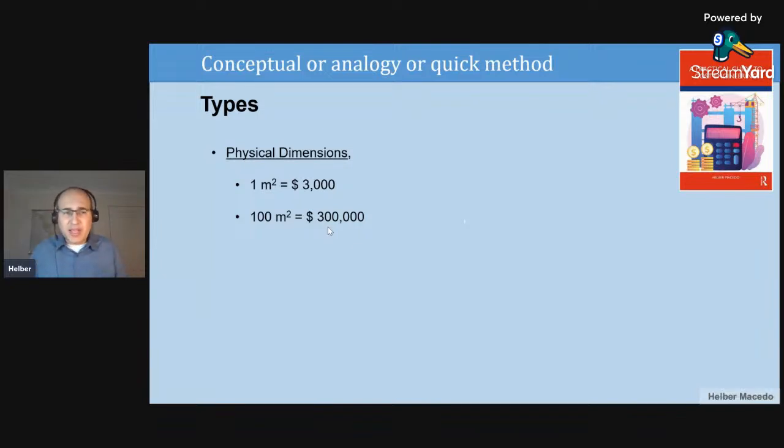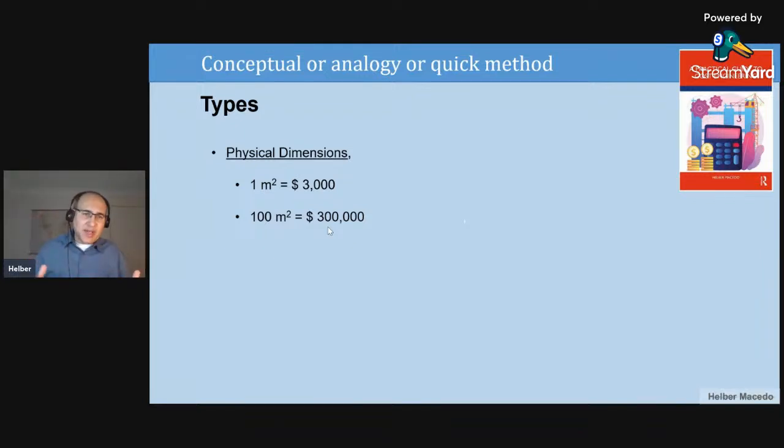If you are looking for a flat of 100 square meters, you just multiply the area by this factor for this dimension. Then you multiply 3,000 by 100, and you see that for this example, the cost for that flat, for that house, will be $300,000.